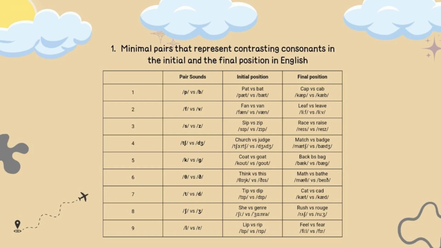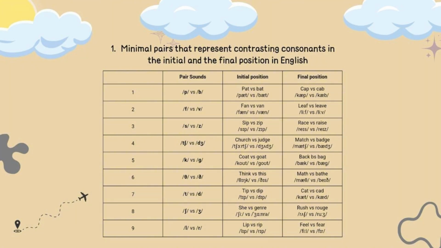The next is f and v. These are labiodental fricatives. They are produced by placing the bottom lip against the top teeth and pushing the air through the narrow gap. Again, the difference is voicing.